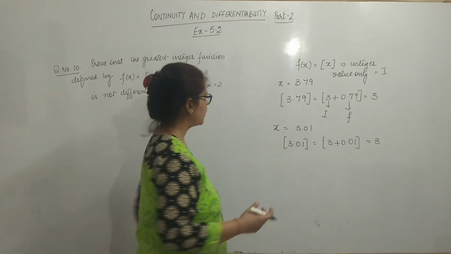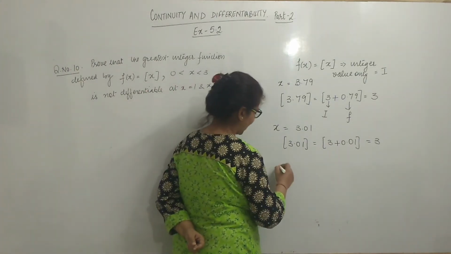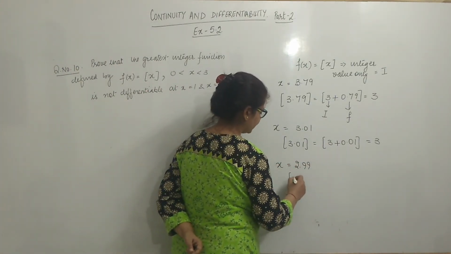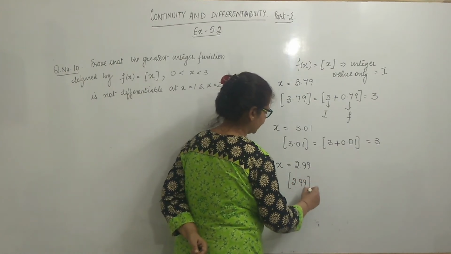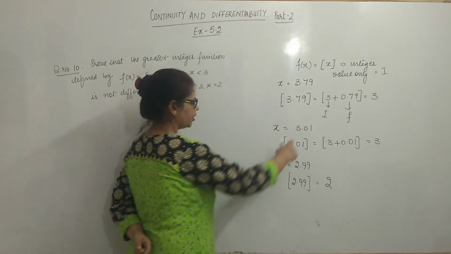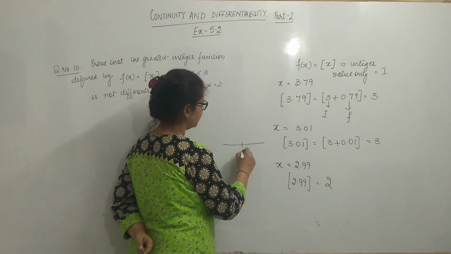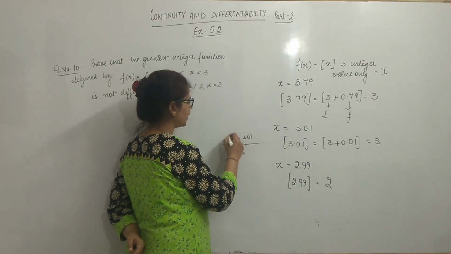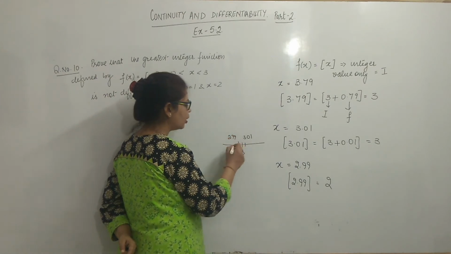Right? Suppose I take 2.99, then 2.99 is 2. You can see, 3.01 is slightly above 3 and 2.99 is slightly below 3.